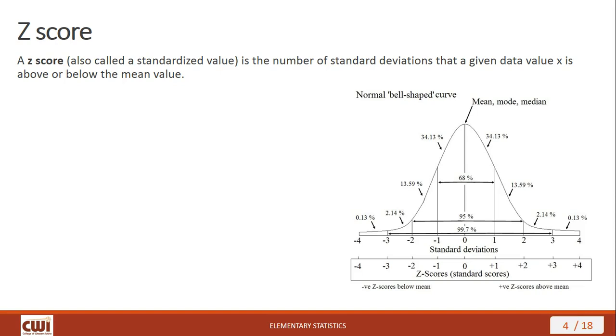This is where the Z-score comes in, because basically what we do is we convert the data value into the number of standard deviations that data value resides away from the mean value, and then that gives us a clue of where we are inside the distribution of data values. We can calculate Z-scores for both samples and populations.